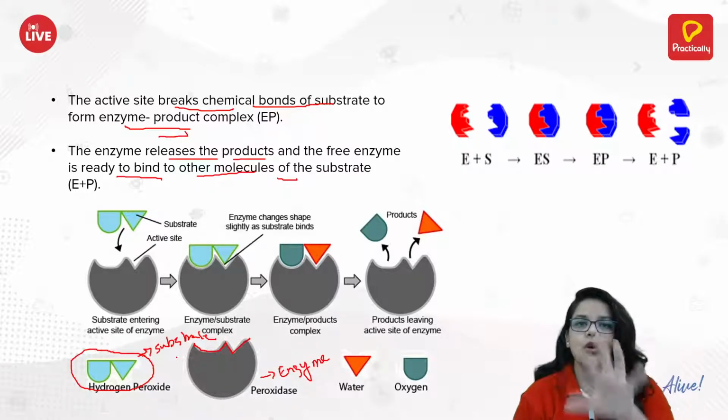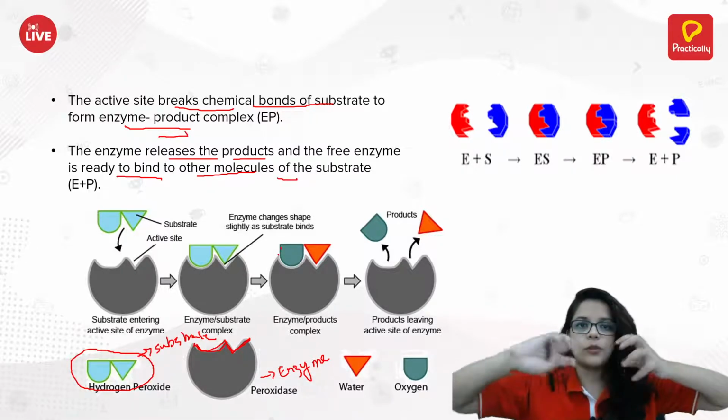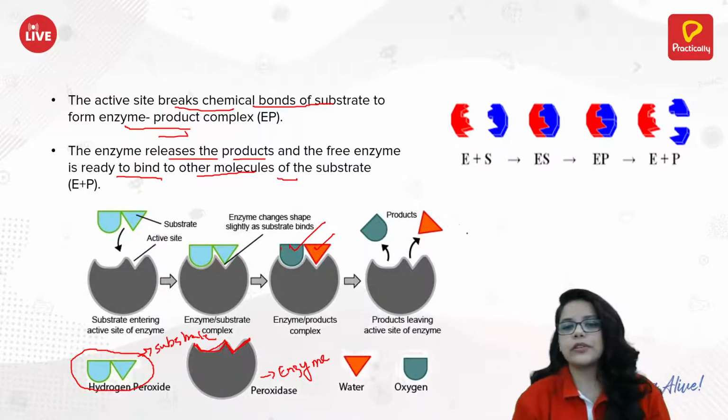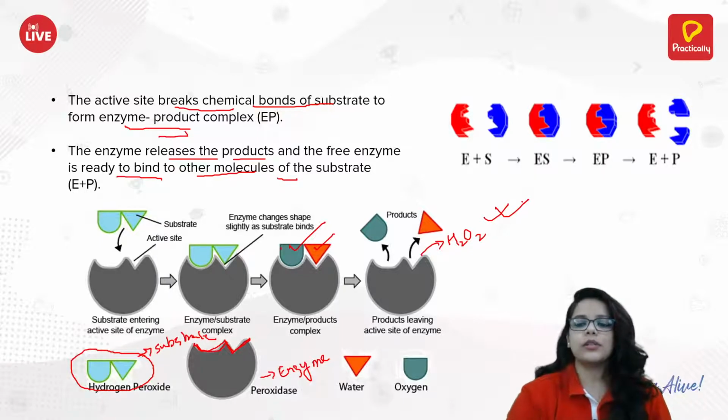This peroxidase will only bind to hydrogen peroxide, nothing else. So it will bind here, it has bound, and it contours it in a way that it forms the products. The products are water and oxygen, and then they go out. Now it is ready for the next H2O2 molecule. So that is how it works.